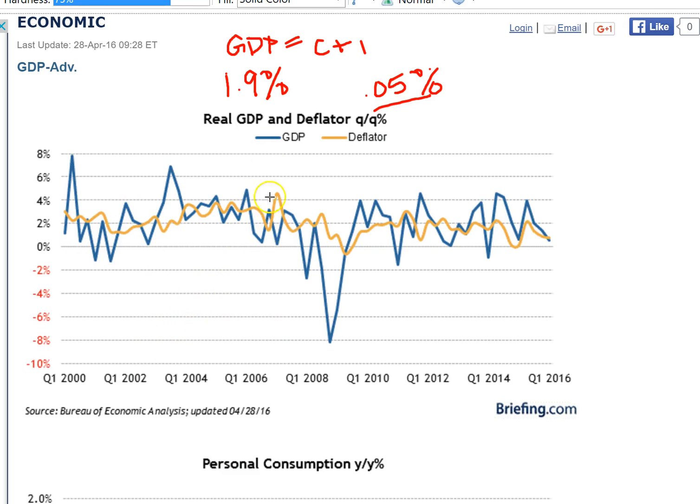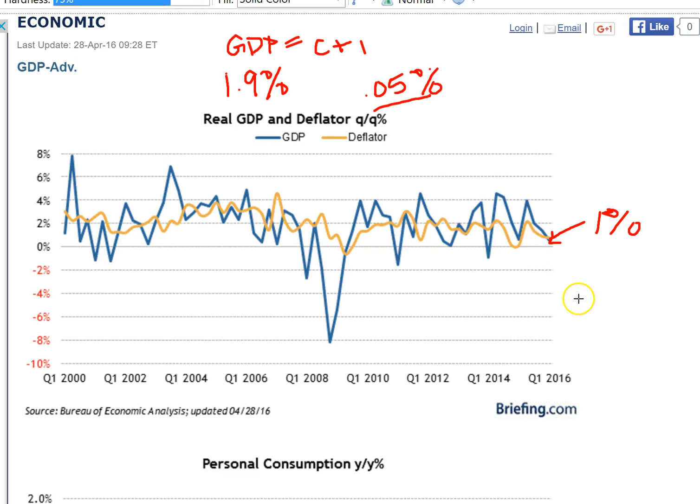What you see here is you've got GDP data in blue, and you've got the inflation indicator, the GDP deflator, in gold here. So you can see that inflation is rather subdued. It's about 1%. So that's very modest for inflation. And you could see that the GDP growth here is quarter to quarter. So this is the 0.5% growth right here. Now let's scroll down.